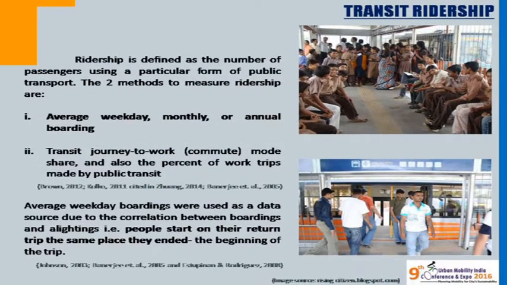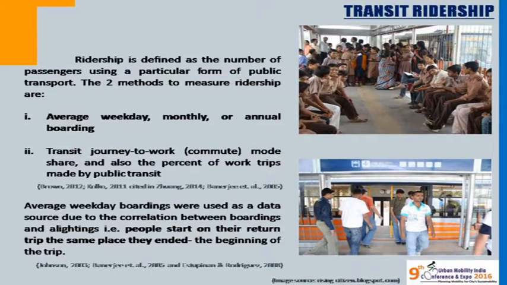Looking at transit ridership, and at different kinds of literature review, we see that most of the studies take up average weekday, monthly or annual boardings as the ridership values.